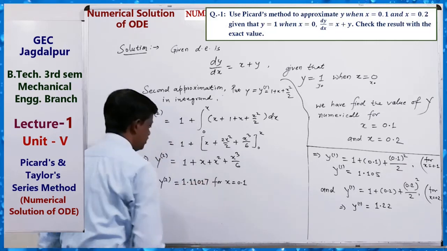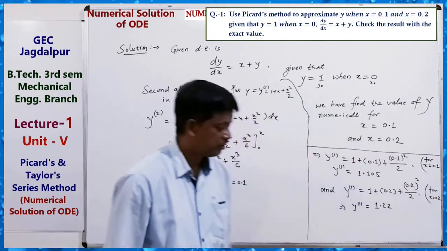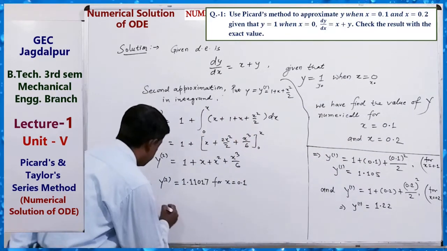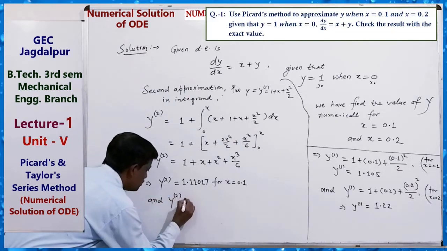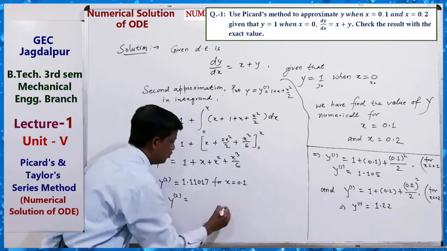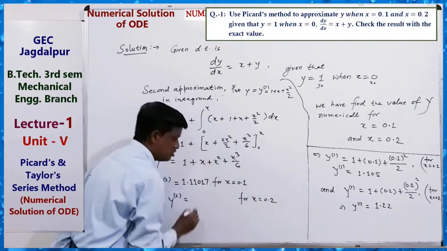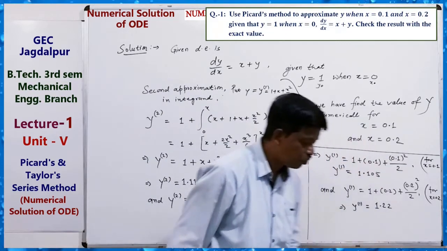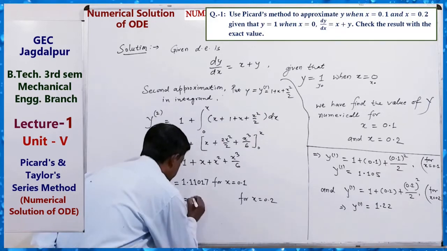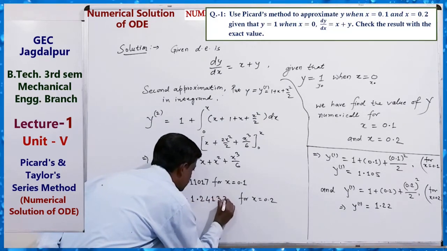Similarly, the second approximation for x equals 0.2: just use this, and you get 1.24133.